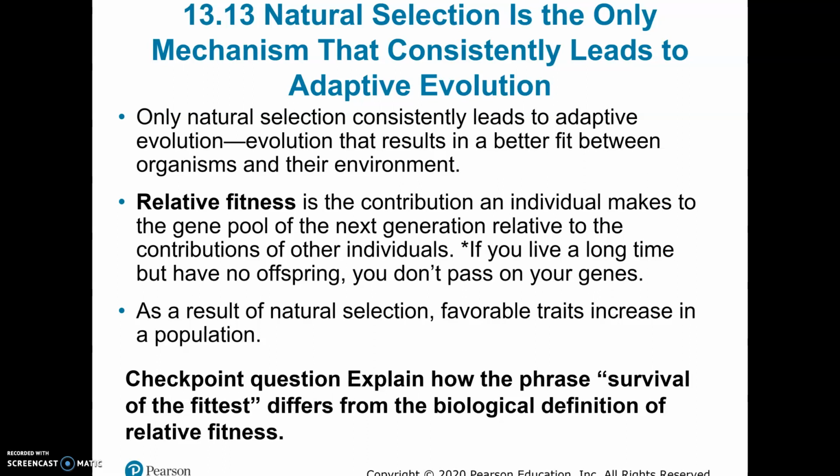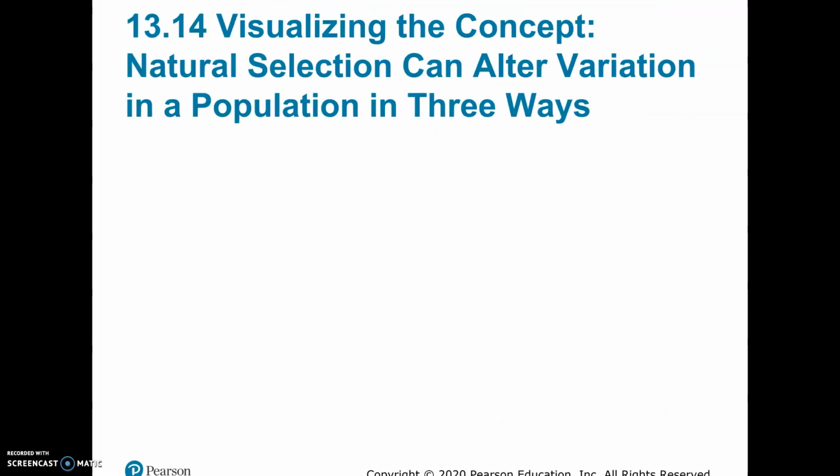Survival of the fittest is not exactly right. It's not just that you survive, but it's also that you pass your genes on. And fitness is not just being strong or being fast. It's whatever makes you able to survive longer and have more offspring, so you're successfully passing your genes to the next generation.